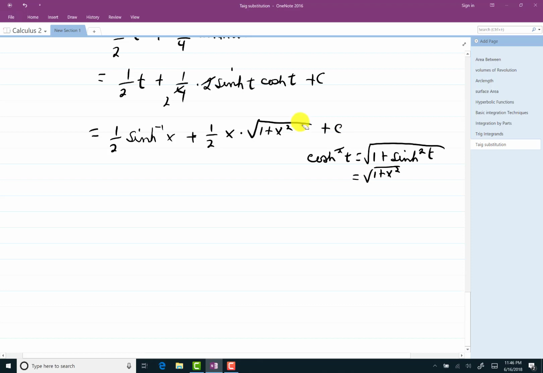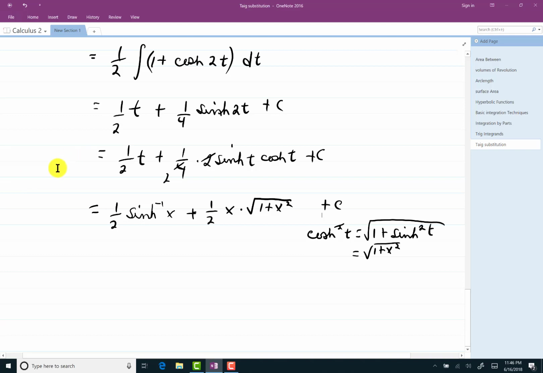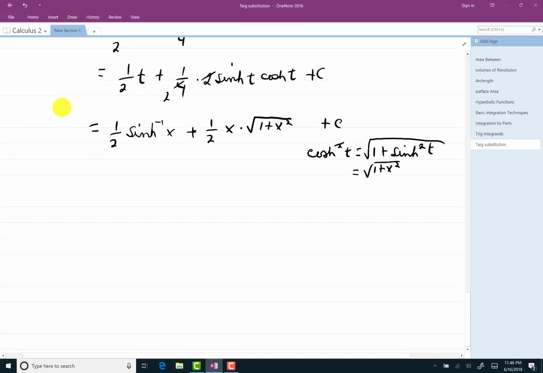I'll see if I can make this vinculum a little better. Oh, the whole thing goes. Or you could try to get something in there for hyperbolic sine. It doesn't look like we want, but you'll remember this. One of the formulas for hyperbolic sine inverse of x was ln of x plus the square root of x squared plus 1.